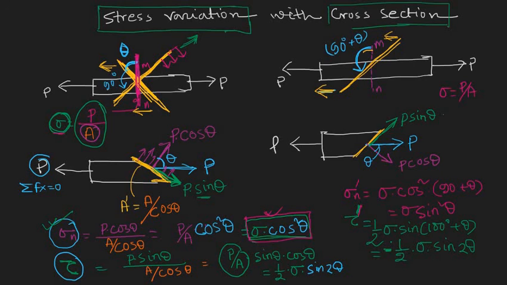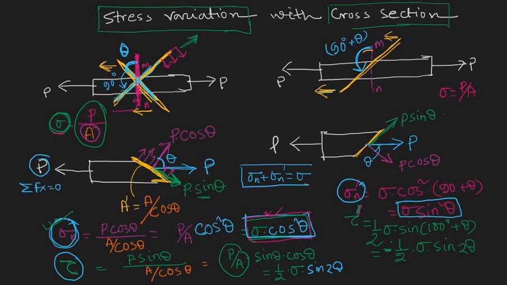So what is the implication here? Here you can see that for any mutually perpendicular planes, in this case these two planes, sigma n plus sigma n dashed is equal to sigma. Why? Because cos square theta plus sin square theta is equal to 1. So we can rewrite it as sigma n plus sigma n dashed is equal to sigma.